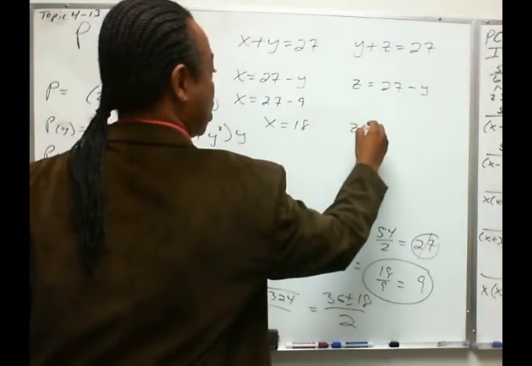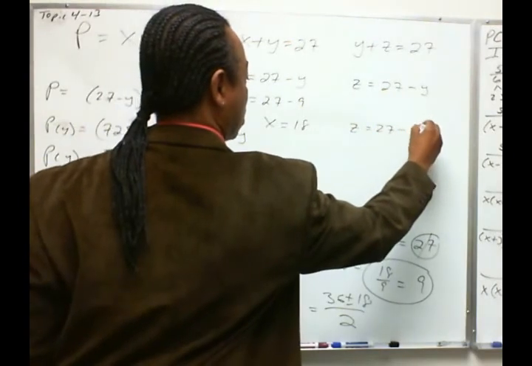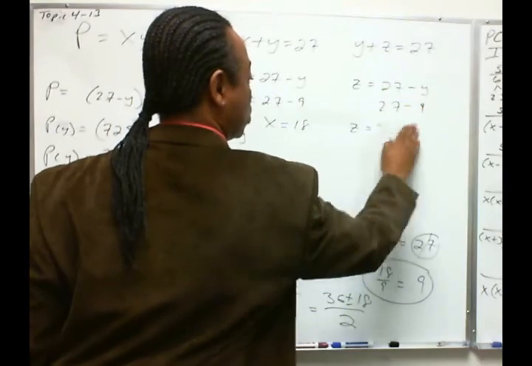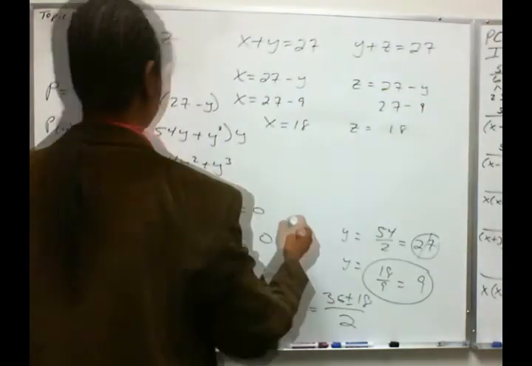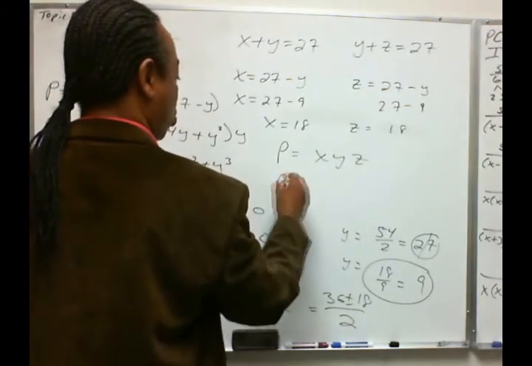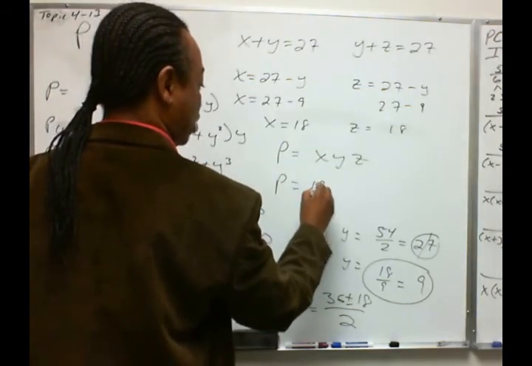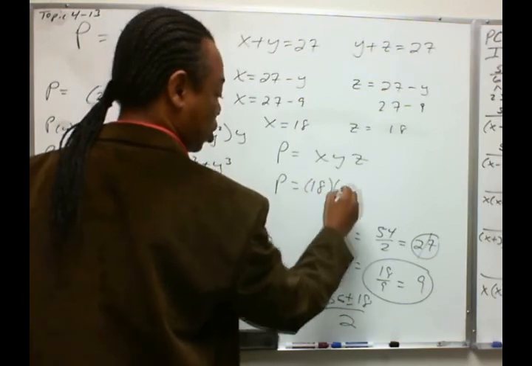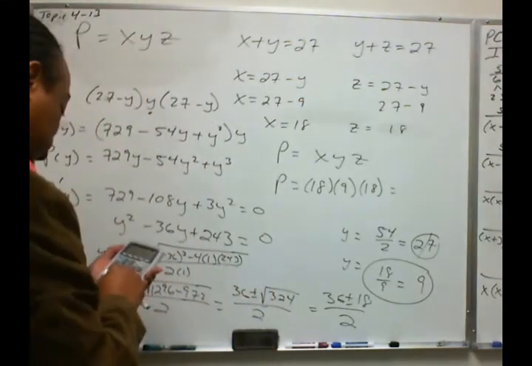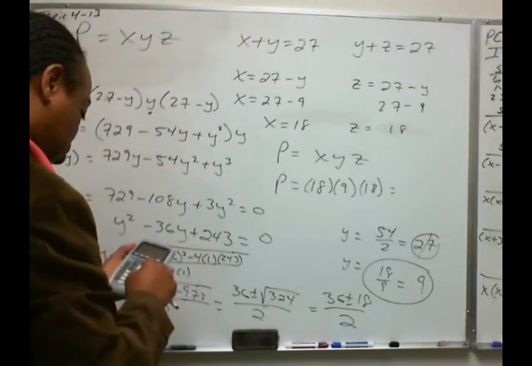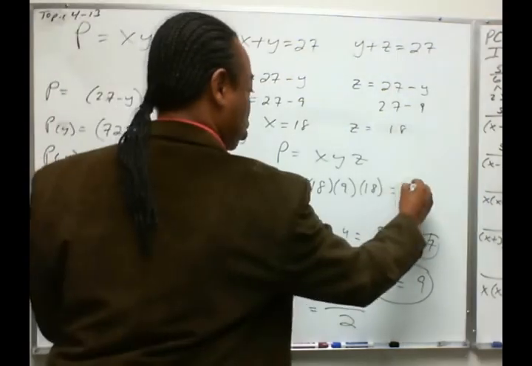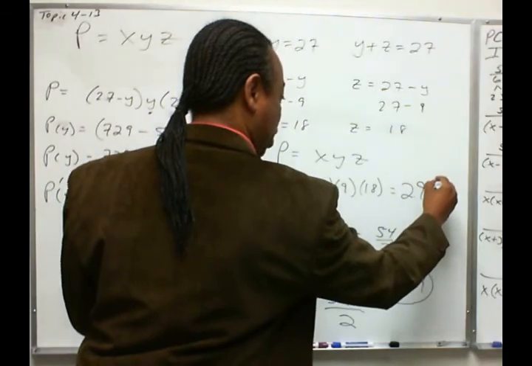And we get z equals 27 minus 9, and we get z equals 18. So our p of x, y, z will be formed from 18 times 9 times 18. And that will give us 2916.